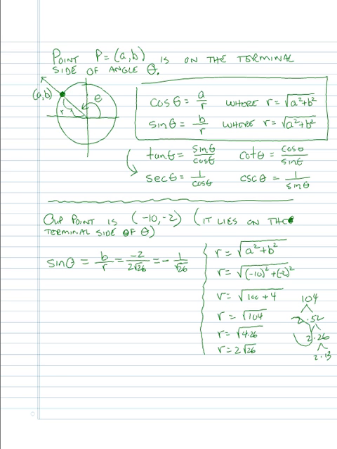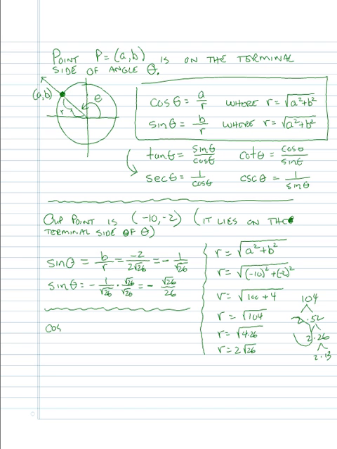But we've got to rationalize that. So we'd say the sine of theta is -1 over square root of 26, and to rationalize, we need to multiply by square root of 26 here and square root of 26 here. And so we get a negative square root of 26 divided by 26. Okay?